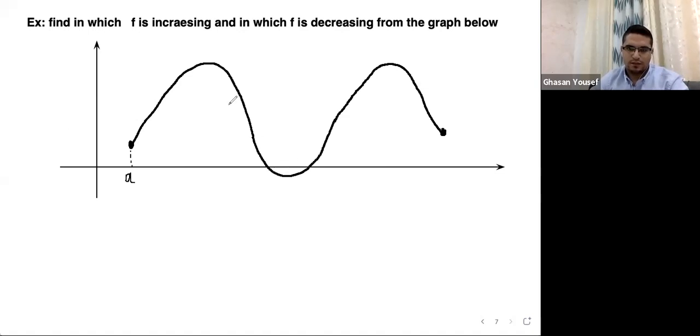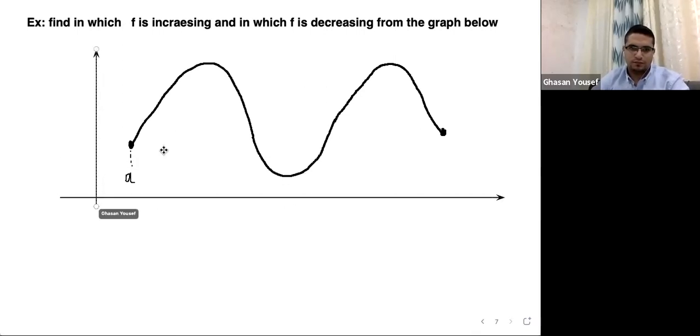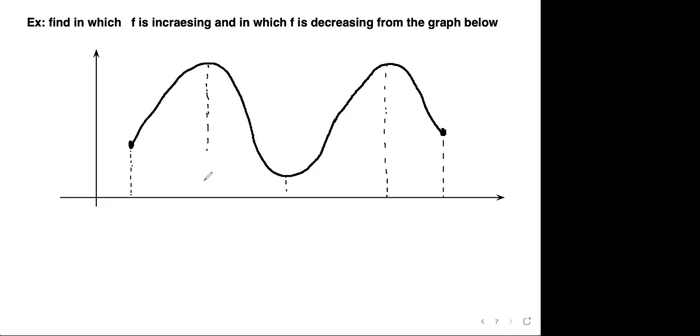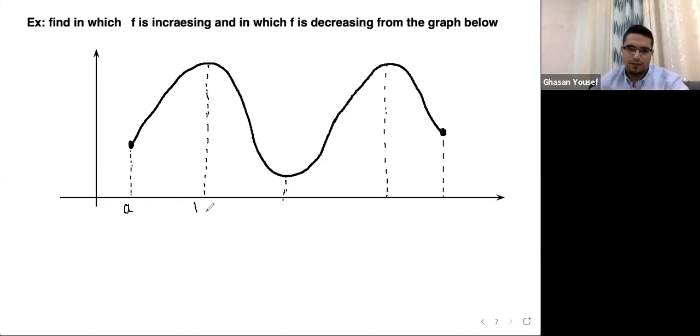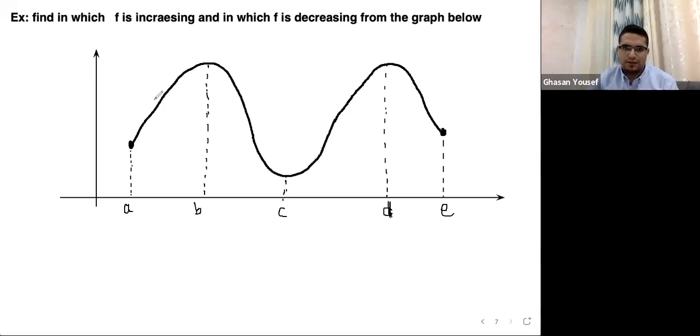This is A. Again, this is A. A, B, C, D, E. The question is at which interval the function is increasing and at which interval the function is decreasing. And this is the function f of x.